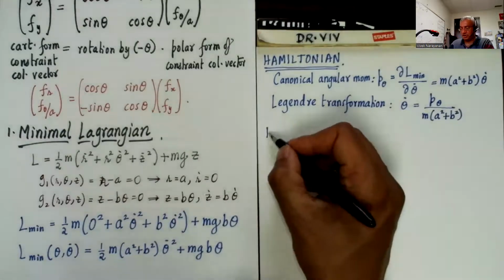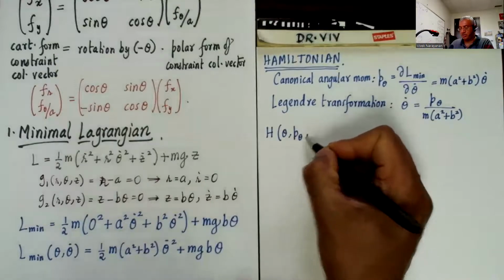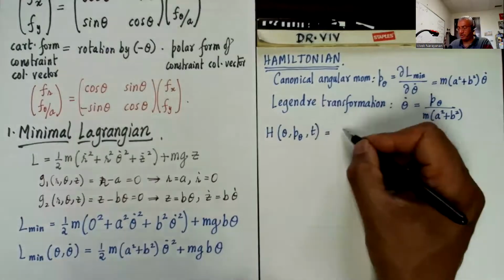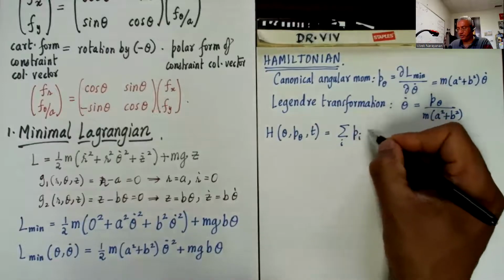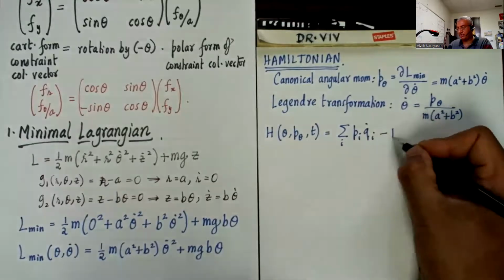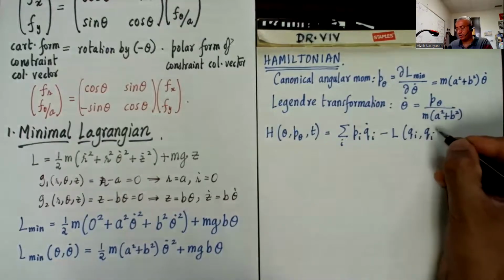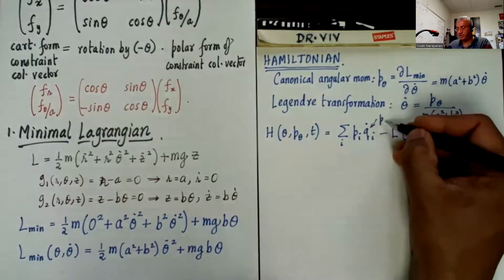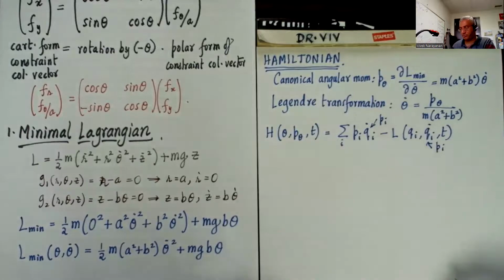The Hamiltonian, as a function of theta, p theta, and time, generally speaking, is going to be the sum over all the i's of p_i q_i dot minus a Lagrangian L written as a function of q_i dot and t, where the q_i dots are written entirely in terms of p_i. So that's the way we do it.